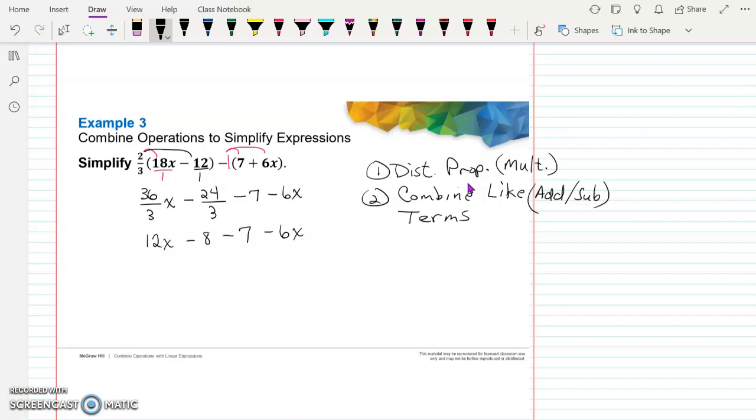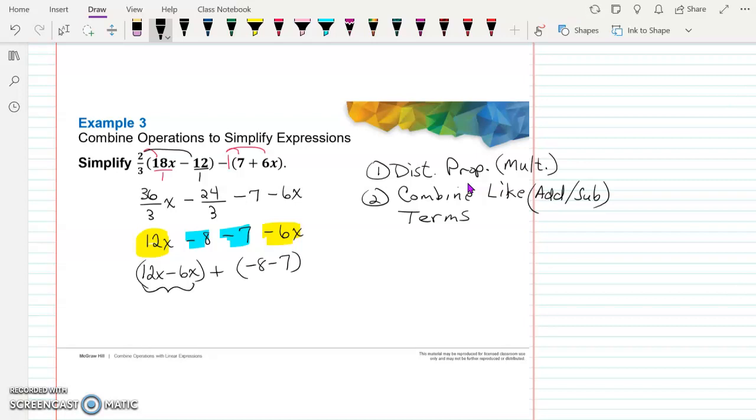Okay, so now let's look and see if we have any like terms. Well, I see I have a 12x minus a 6x, and I have a minus 8 and a minus 7. So let's rearrange this. 12x minus 6x, and I've got a minus 8 and a minus 7.